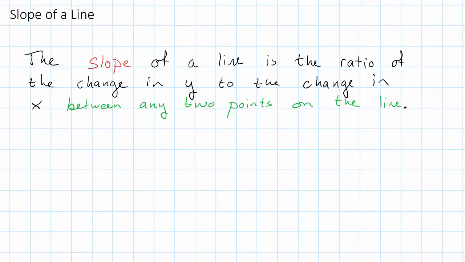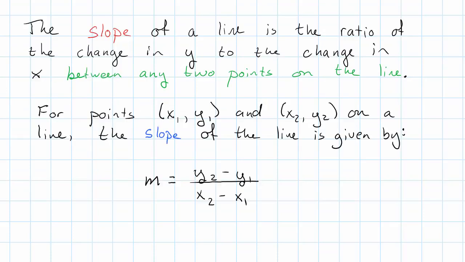In terms of variables, the slope, labeled m, can be calculated by taking the change in y over the change in x. Sometimes we shortcut this notation by, instead of writing y2 minus y1, writing this triangle symbol to mean change in.